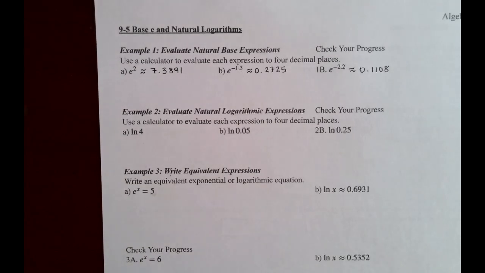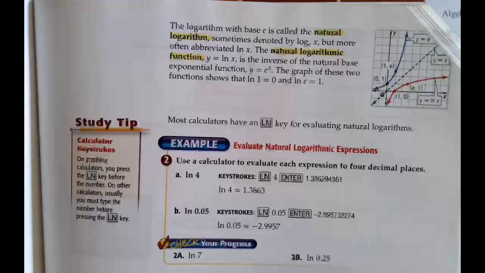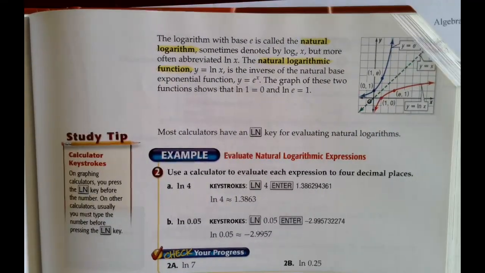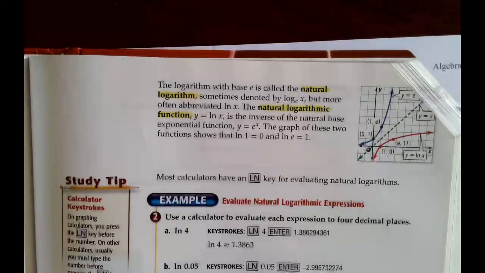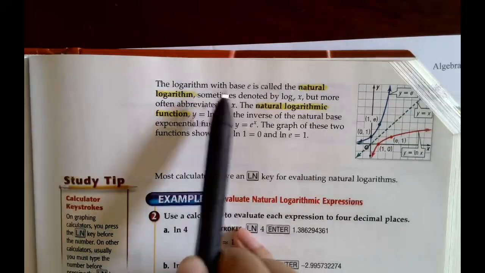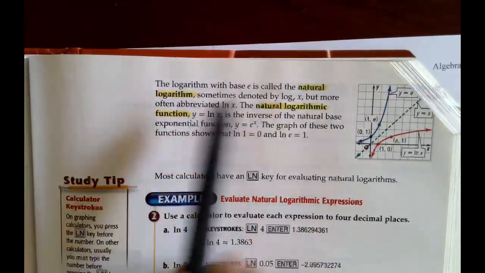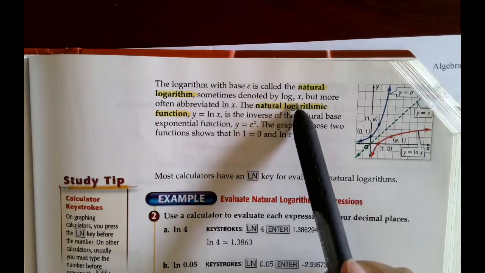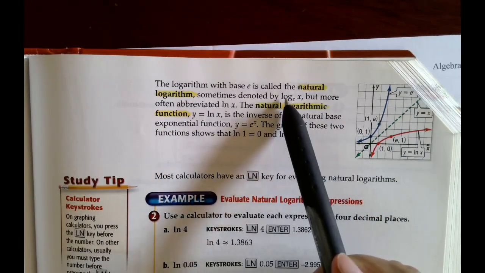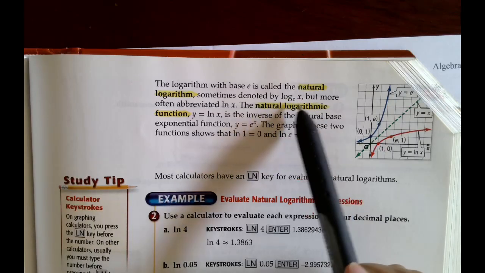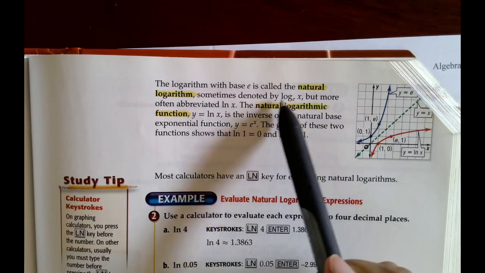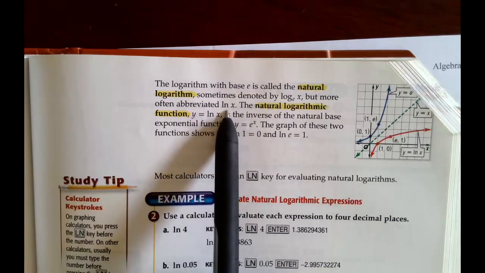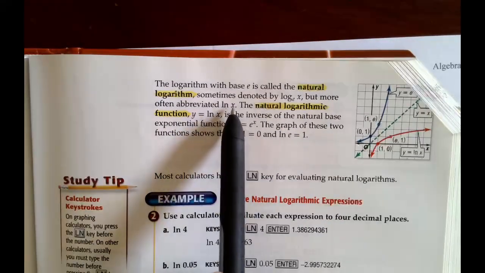Since we know e to the whatever power is our exponential function, the inverse would be the logarithm. And so the logarithm with base e is known as our natural logarithm. Sometimes we write it as log base e of x. But since this can be a little bit confusing, it can look like the e is up here and stuff like that, we often abbreviate it to be ln of x, which stands for natural log.